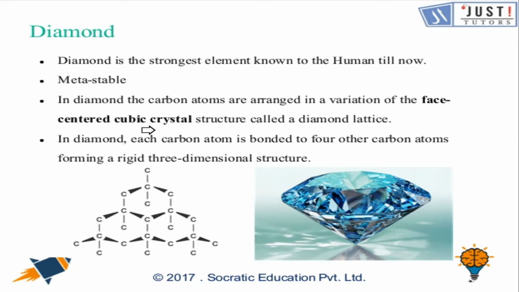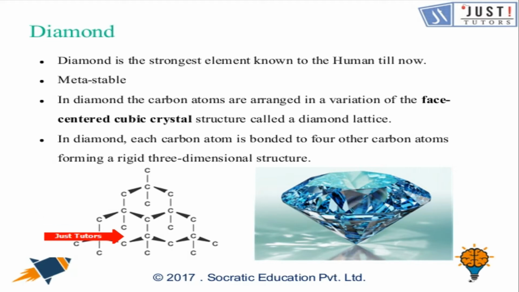Actually, the carbon structure is arranged in a variation of the face-centered cubic crystal, in which we have an atom at the face as well. This structure forms the diamond lattice, and each carbon atom is bonded with four other carbon atoms, forming a three-dimensional shape like this. It is quite rigid and strong.